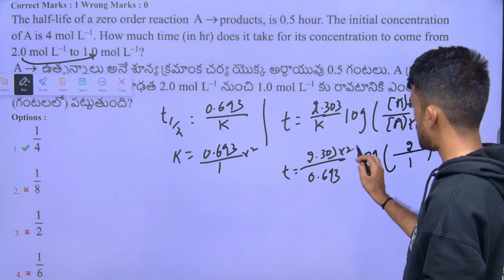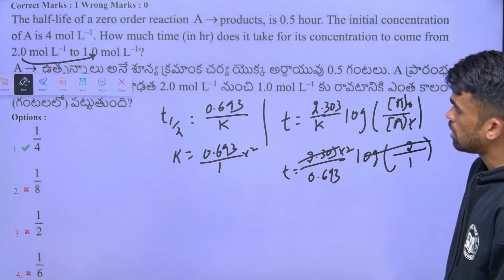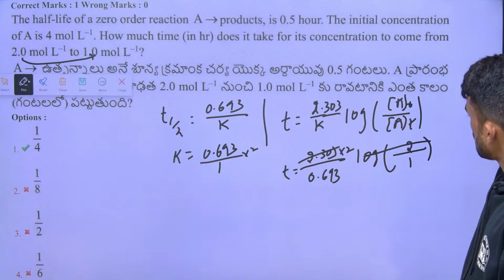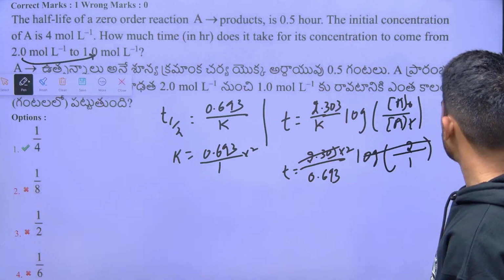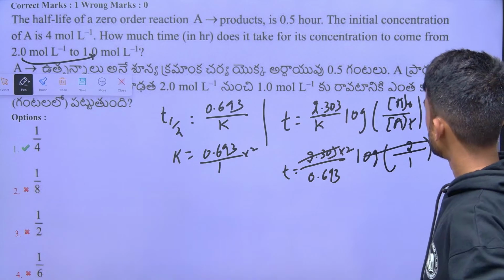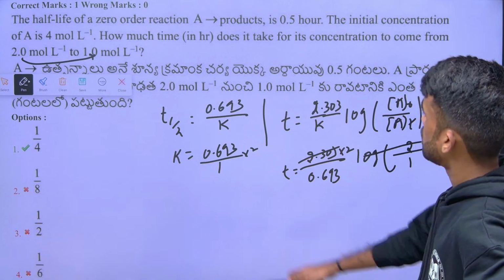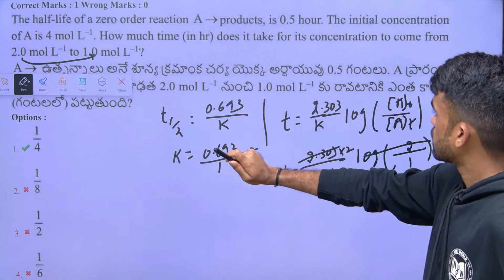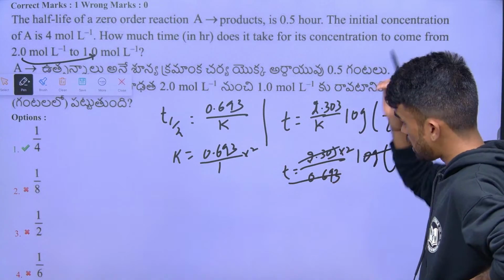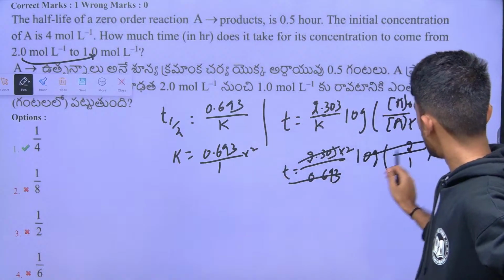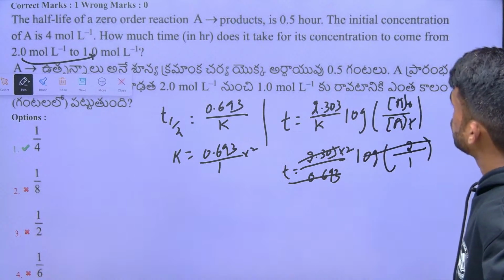Log 2, 2.303, and A naught is 2, log 2 and 1. That is fine. So this can be removed. So we are getting T as 1 by 4, right?